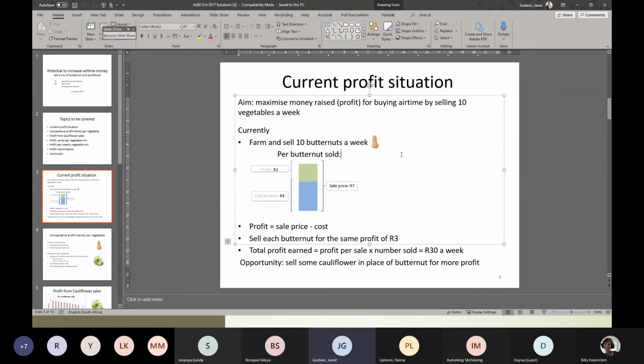Don't stress if you don't have a picture of a butternut in your picture gallery. It's not necessary. Obviously this makes the presentation look really nice, but you could have done something else. PowerPoint makes it very easy these days to do design elements.